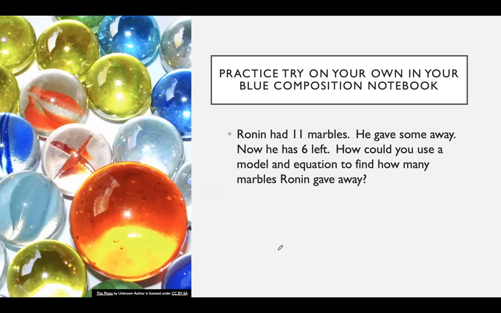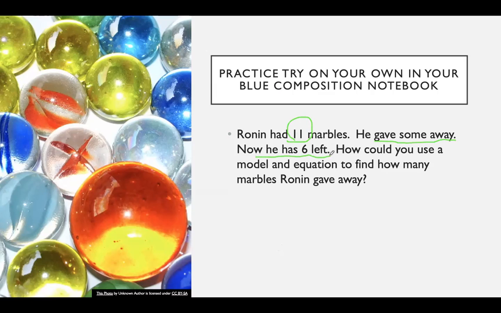Ronan had 11 marbles. He gave some away. Are we going to add or subtract? This is a clue right here. He gave some away. This is our total right here. Now he has 6 left. Okay, here's another clue. We're noticing what information is given.